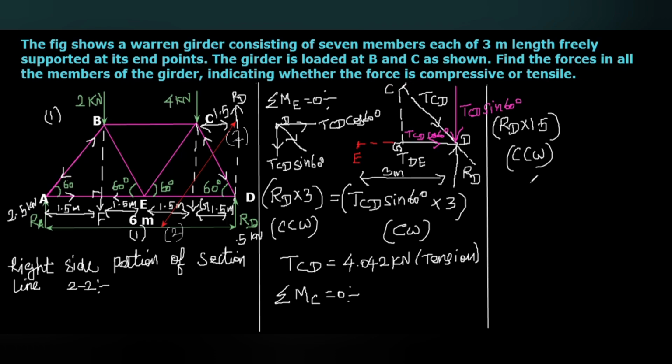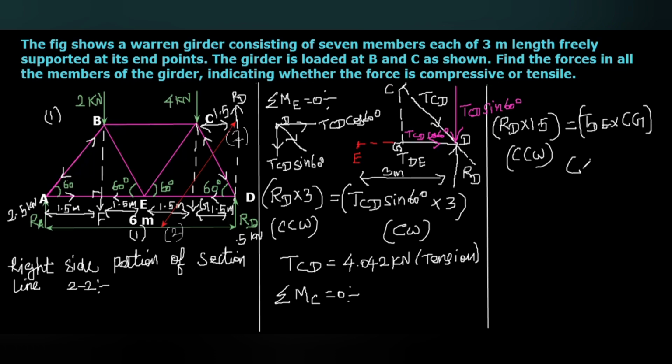So it should be outwards from the point D. Then you can see TDE multiplied with the distance CG will be in clockwise direction.